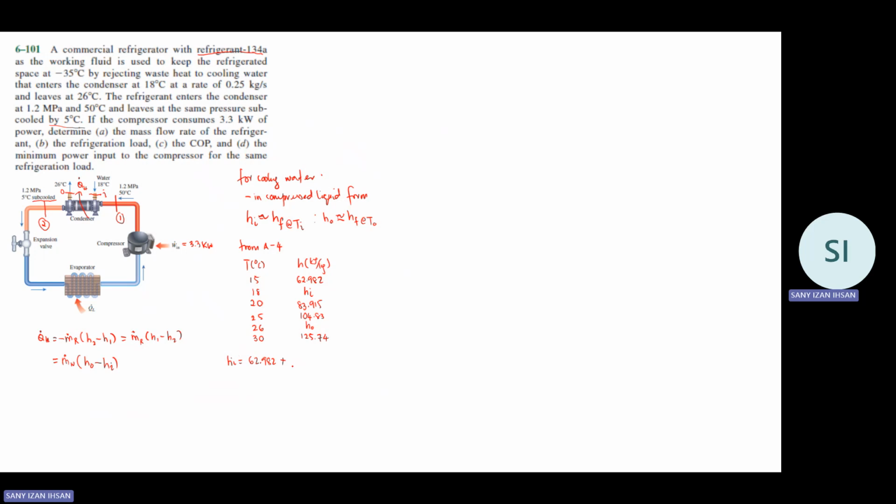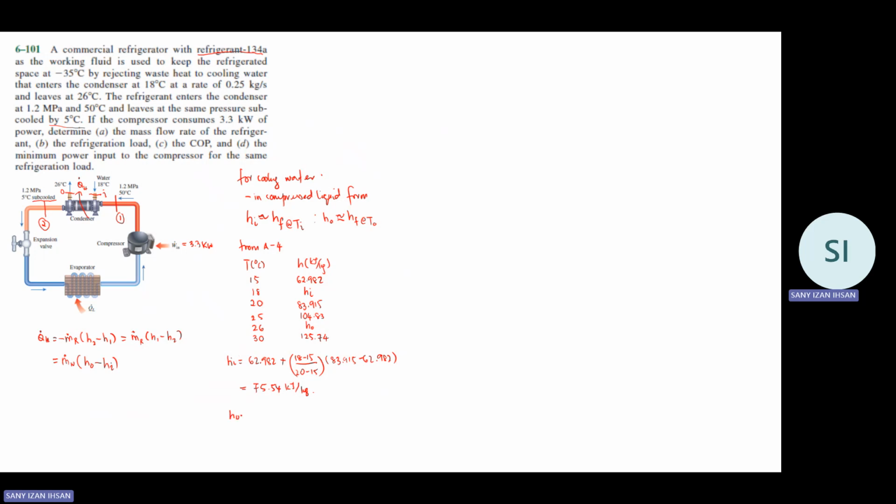Which is nothing but 18 minus 15 divided by 20 minus 15, multiplied by 83.915 minus 62.982. That should be the relation. If you calculate this, your HI would be 75.54 kilojoule per kilogram.